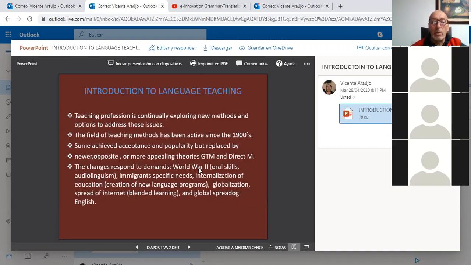Because in the world, what was the most important were the oral skills. That's a demand. Another demand, the demand made by immigrants with specific needs. Immigrants from India, immigrants from China, Italy, Spain, so different needs of immigrants.